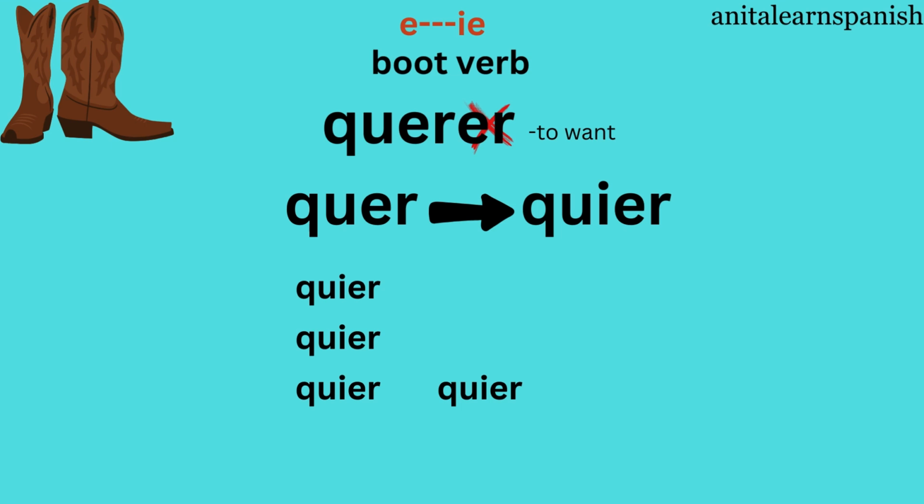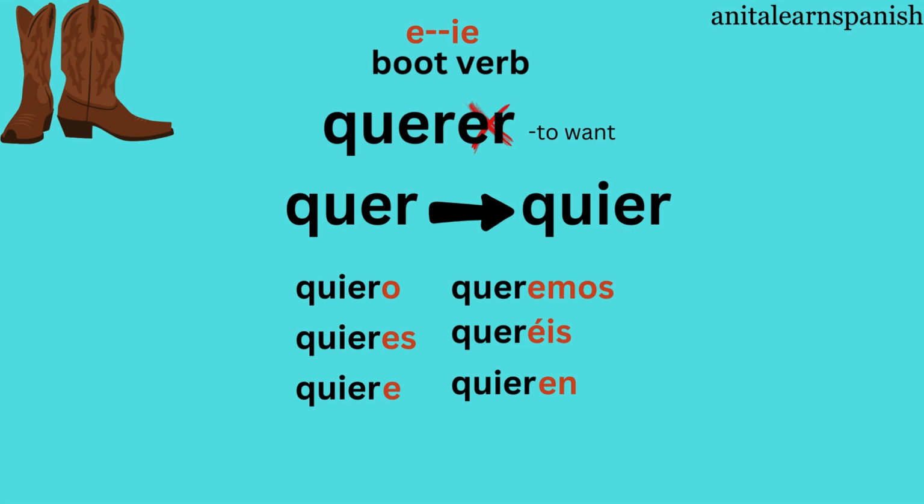For these forms here, the yo form, the tú form, the él/ella/usted form, and the ellos, ellas, and ustedes form. Now, notice they kind of form a boot, and that will become a little bit more obvious in just a moment. So these other two forms, the nosotros and the vosotros forms, they're not going to change. They're remaining as quer.